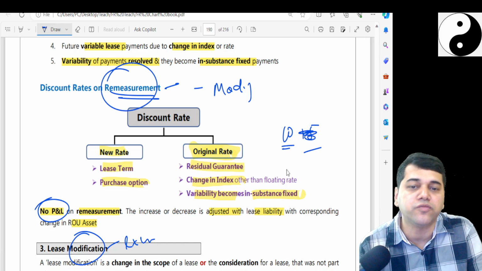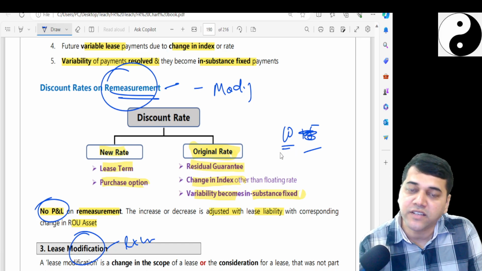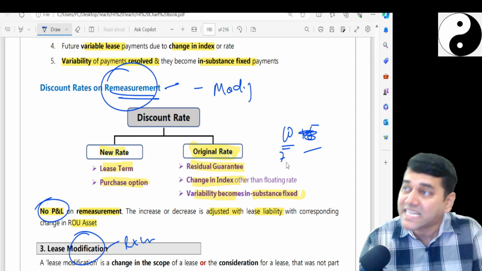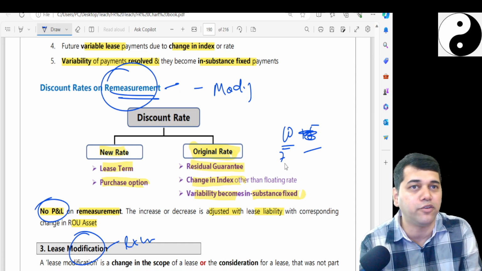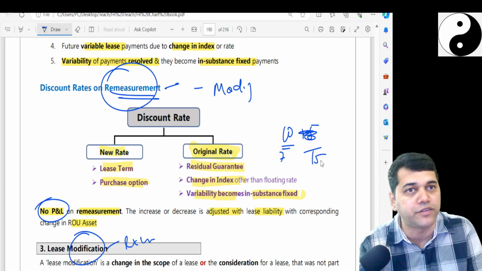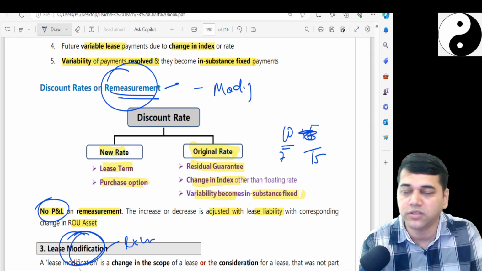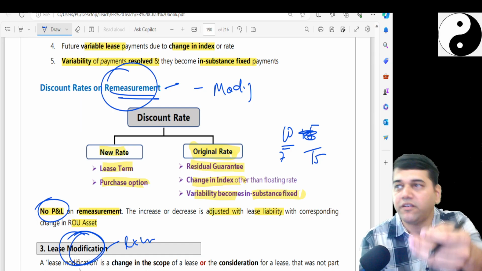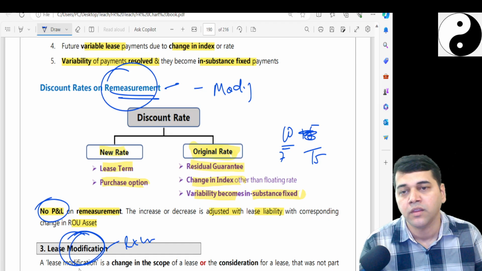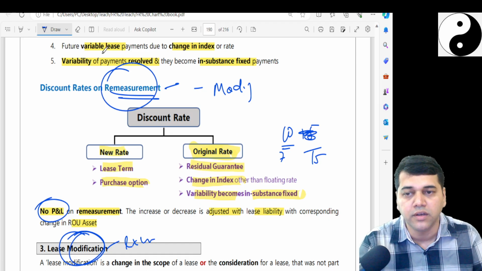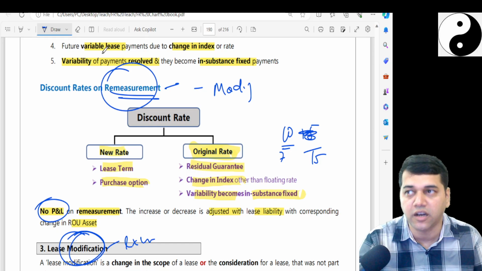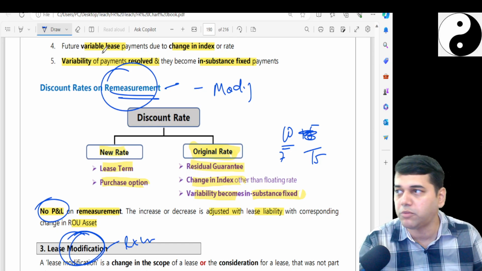Originally, the contract was for 10. But if after the 7th year you enter into an extension contract, you tell the lessor, sir, can you extend me? Yes, he says, I will extend it to 15 years. That becomes a modification. So somewhere the remeasurement flavor you get in the modification also. Okay, first we will solve some problems on remeasurement so you get a better understanding of how to address it. Then we'll go into the modification.